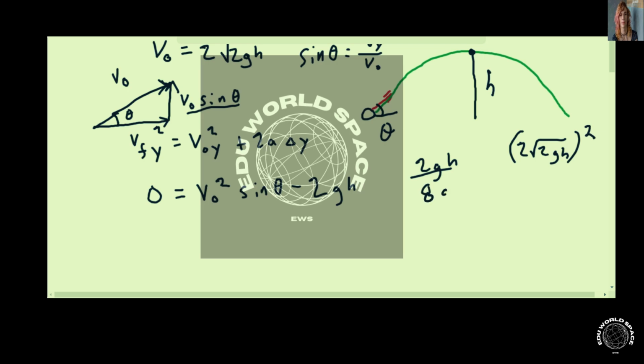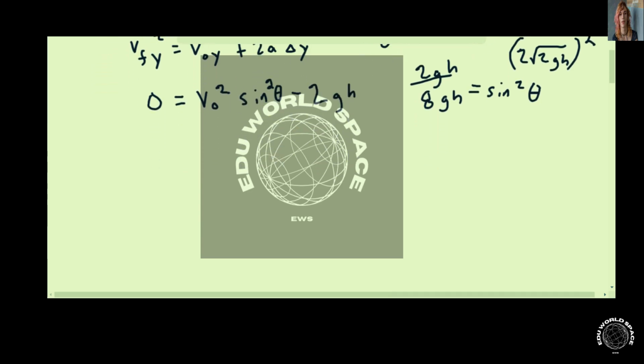So 2gh over 8gh is equal to sine squared theta. So simplifying some more, we have 1/2, the gh cancels out, is equal to sine theta. I just reduced it and then took the square root of it. So we see that theta is equal to 30 degrees.